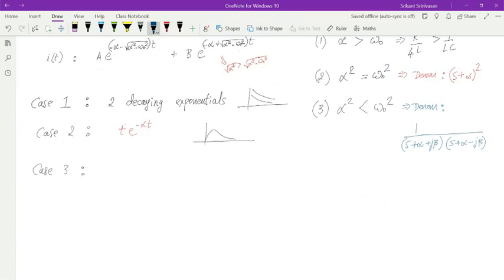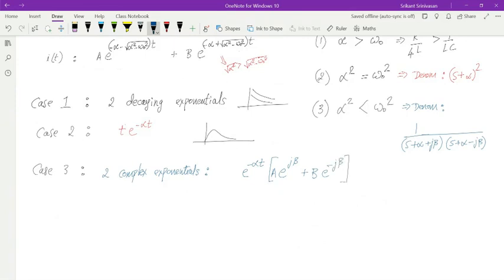And if I were to take the inverse Laplace transform, then instead of two decaying exponentials, now I'll have two complex exponentials. That means my solution becomes e power minus alpha t into a times exponential of j beta t plus b times exponential of minus j beta t.